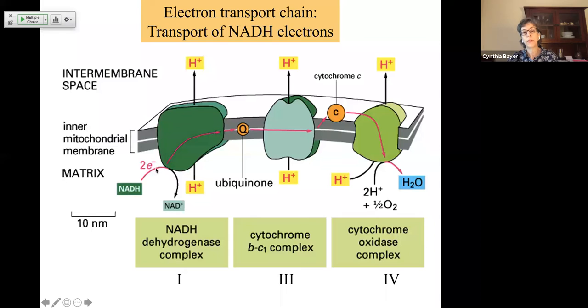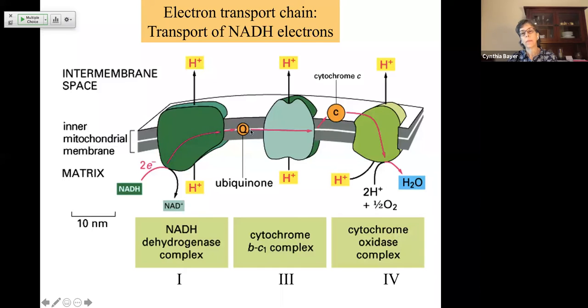And our little pink line is showing the path of electrons from NADH, where they will be accepted by O2 at the very end of this electron transport chain, where that oxygen will combine with electrons plus protons to form water.